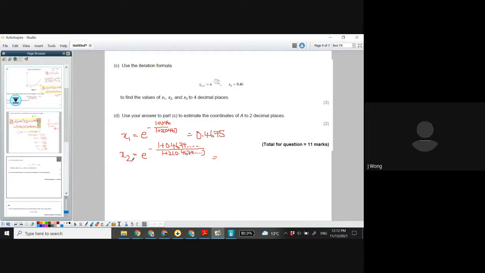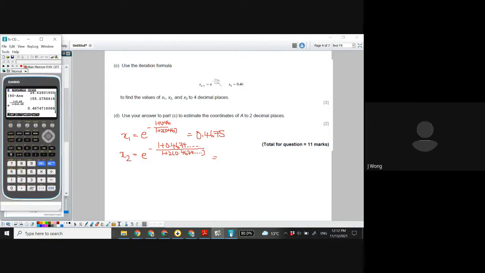In order to calculate x2, you are relying on the value before it, which is x1. So I'm just going to store this answer. I can only show you how it could be done using the CG50. So your answer is stored to value A: shift, answer, arrow, alpha, and then I want to store it into value A.